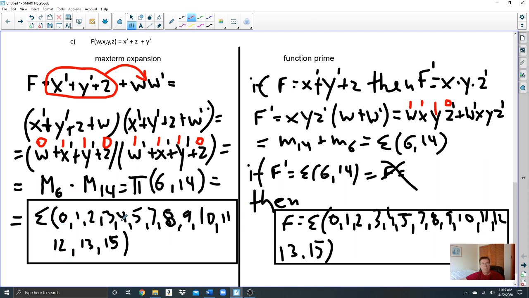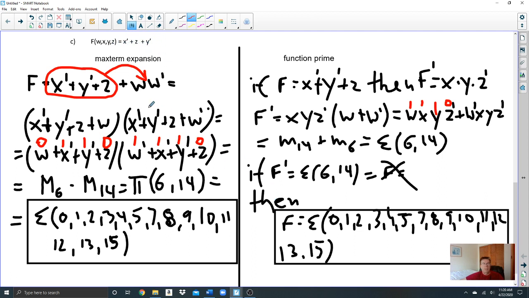And as you see, the subscripts are all subscripts that don't exist in the maxterms. So if you have maxterms 6 and 14, you cannot have minterms 6 and 14. As you see, 6 is missing from here, and 14 is missing from here. So this function is expressed in 3 different ways: algebraic, product of maxterms, and sum of minterms. So we answered the question: what are the minterms of this function?